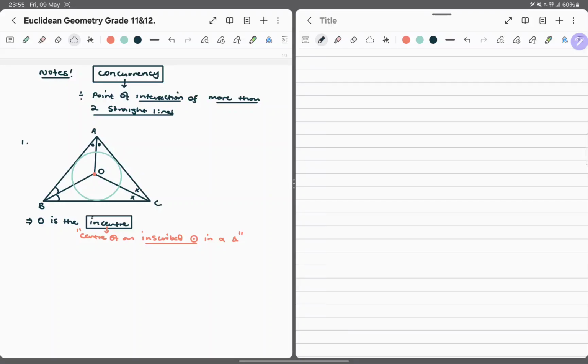So this is the maximum circle that we can fit in a triangle. Now, note the type of the triangle this is. Note that this is an acute angled triangle.